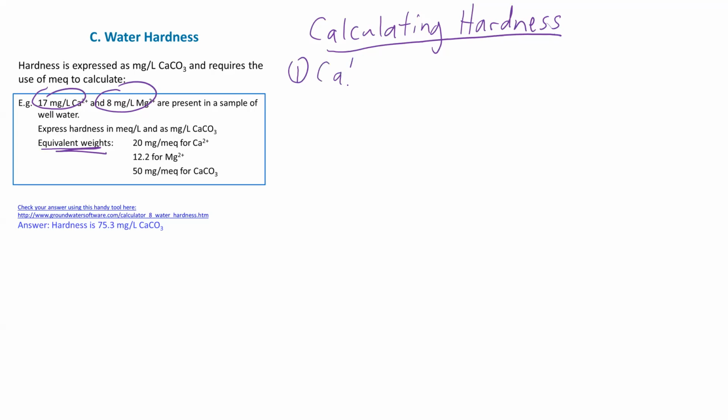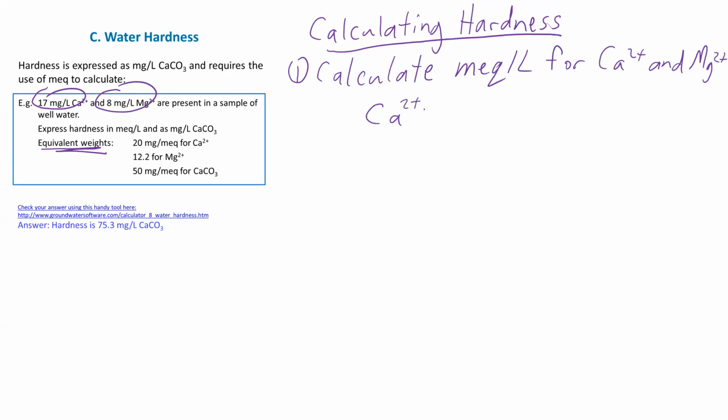So calculate milliequivalents per liter for calcium and magnesium. Okay, so let's do calcium. Remember our formula for calculating milliequivalents. I'm not going to write out the formula here just to make sure I have enough space for everything. But the formula is that you're going to take the milligrams per liter. In the case of calcium, it's 17 milligrams per liter.